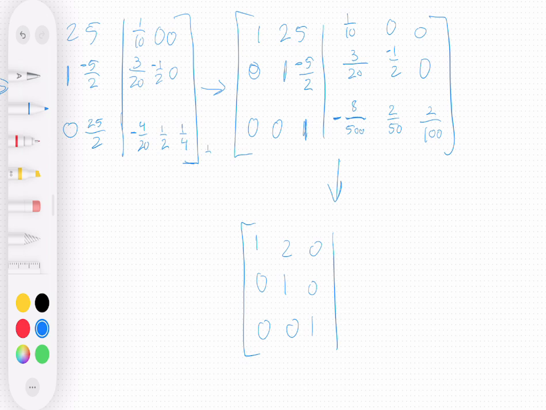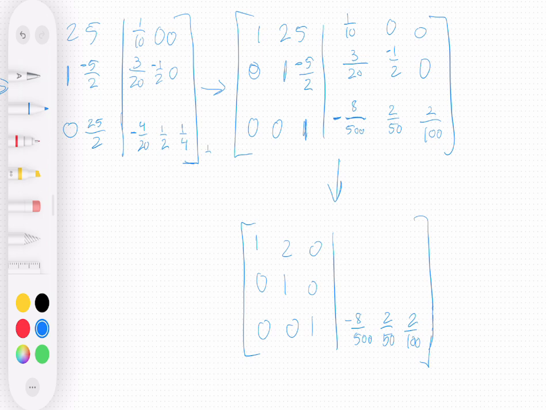So that'll give us, we would have added row 3 to row 1, 5 over 2 times, to get rid of that 5 over 2.